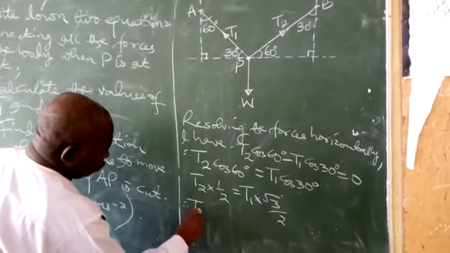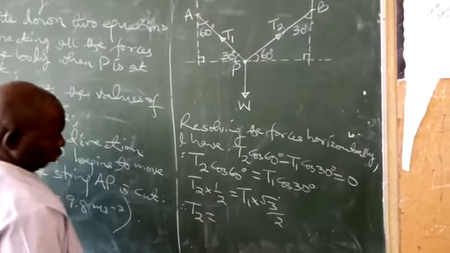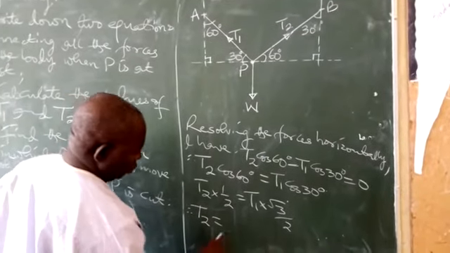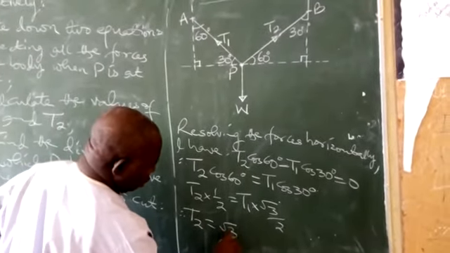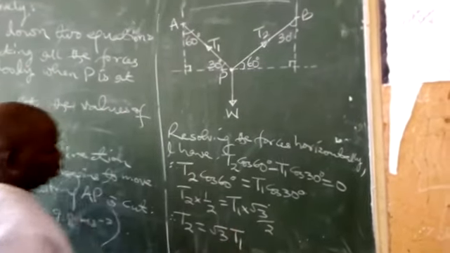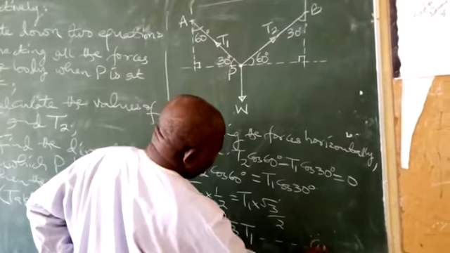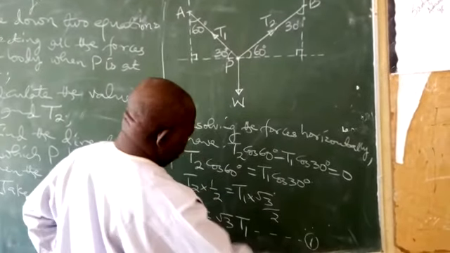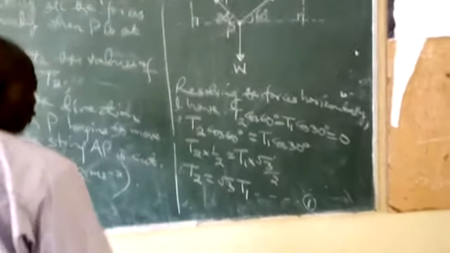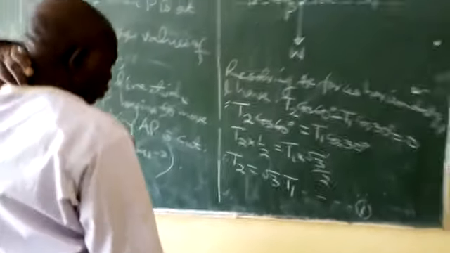I have T2 is equal to T1 root 3. So that is equation 1, one of the two equations required. T2 is equal to root 3 T1.